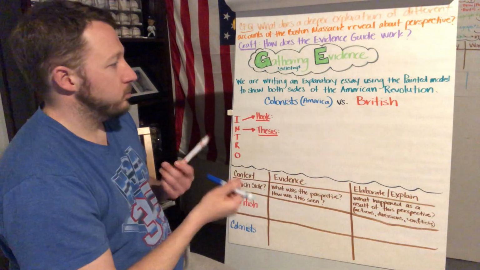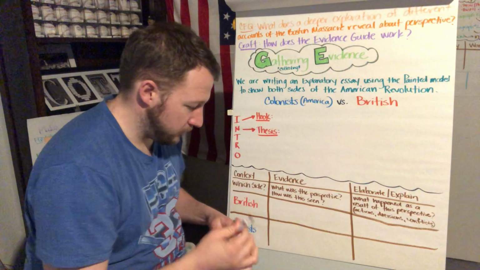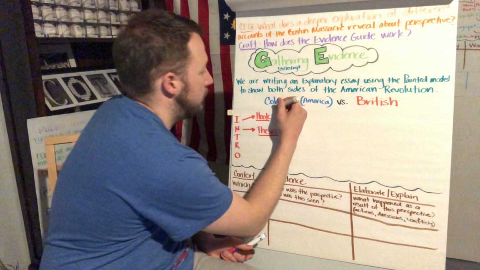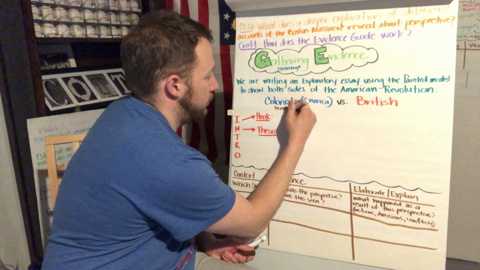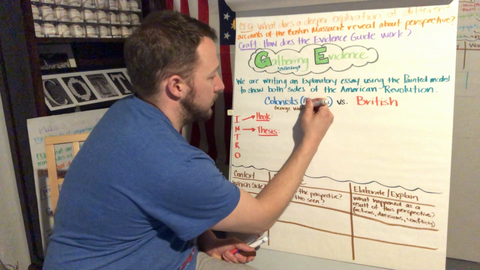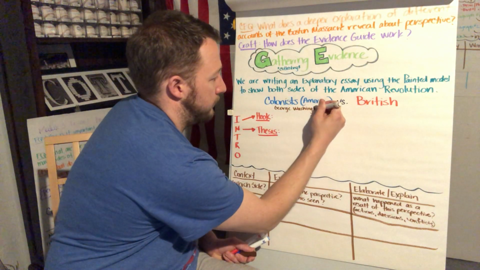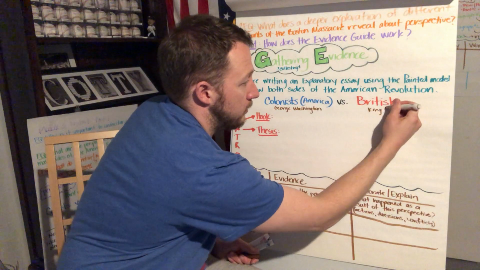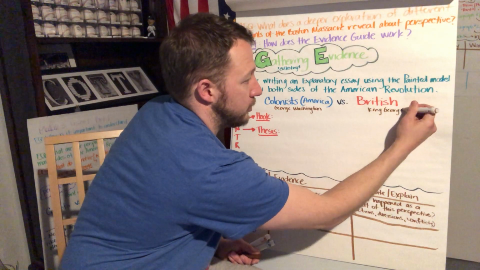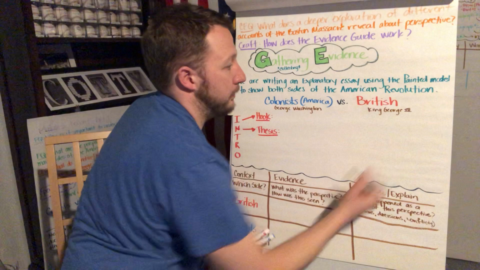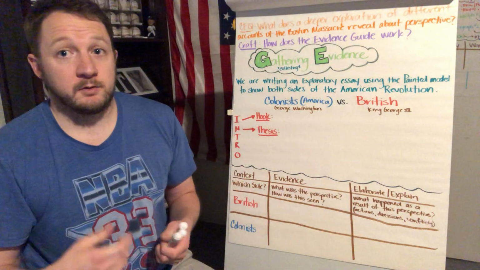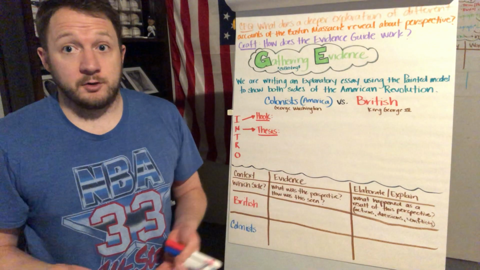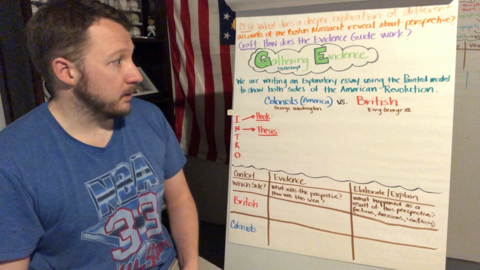And in case you're not sure, I'll also put another note that for the colonists, it was George Washington, and for the British, it was King George III. Just because we haven't talked about those two guys in a couple of days, and after all, the text we're reading is George versus George, so we should probably keep them in mind at all times.